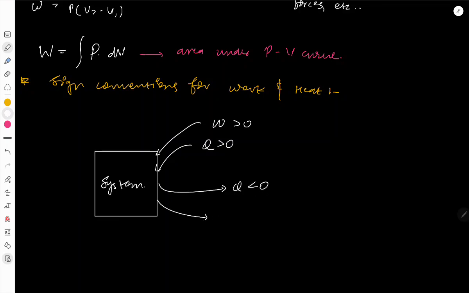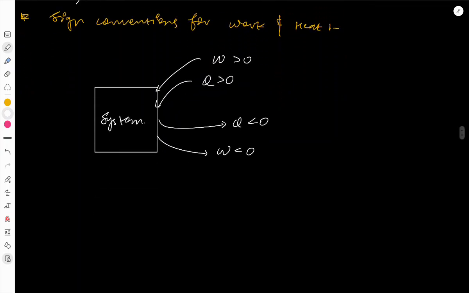And if work is given out by the system, then it is negative. This is according to the nomenclature of physics, and it may change while going into the chemistry. So please keep a mind of that.